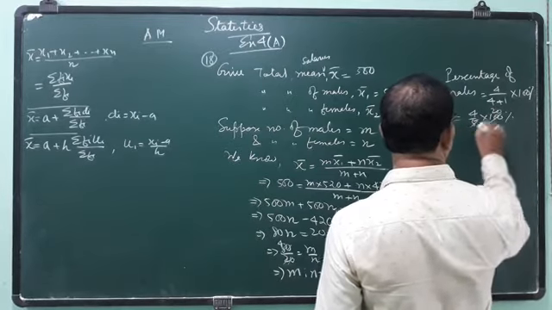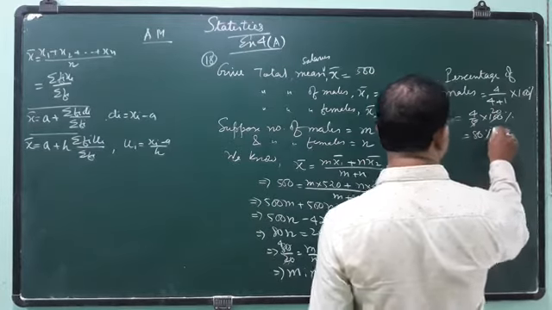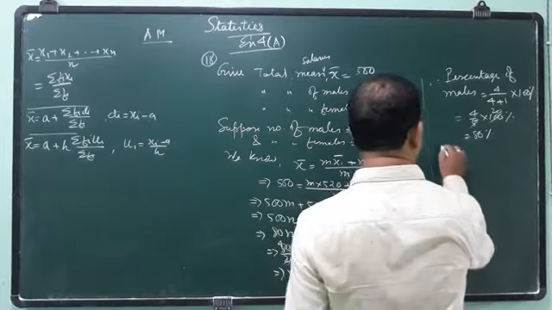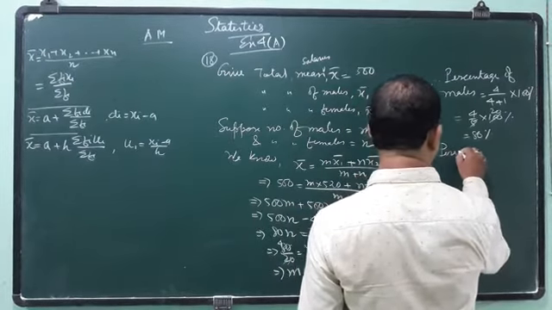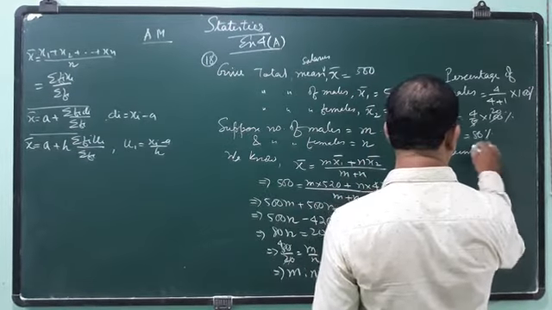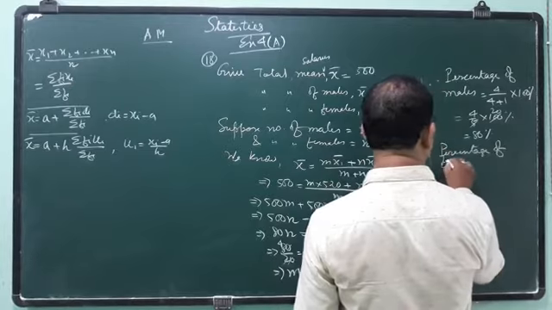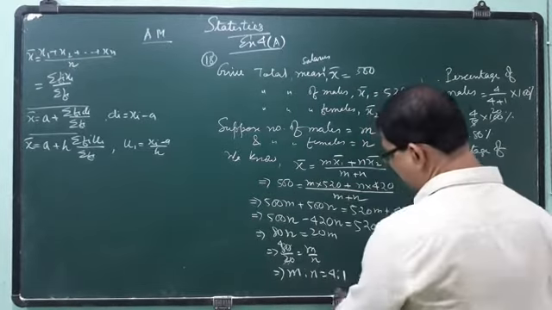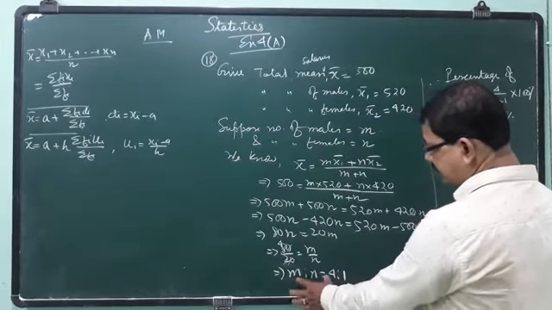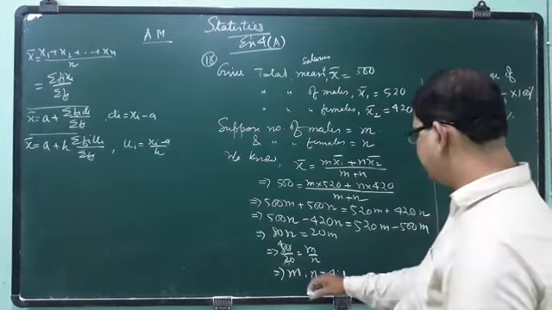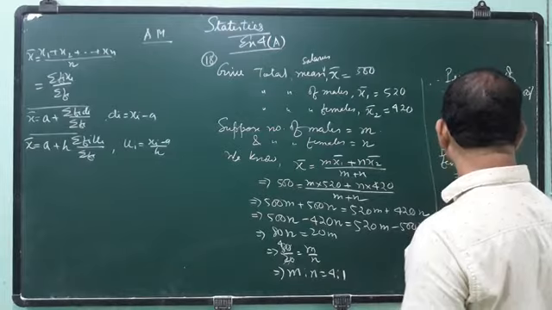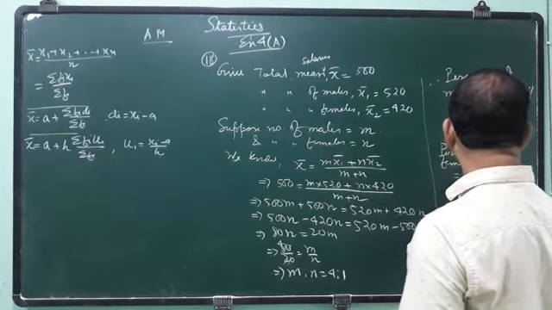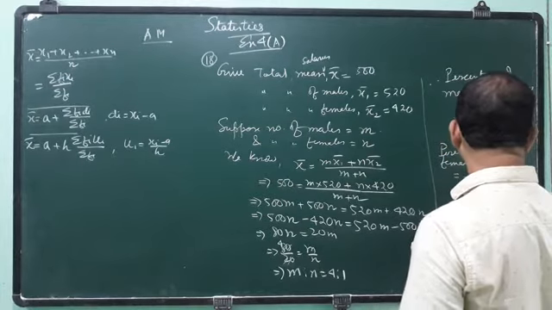So 80% is the percentage of males, and percentage of females is equal to, in case of n it is 1 by 4 plus 1 into 100%.